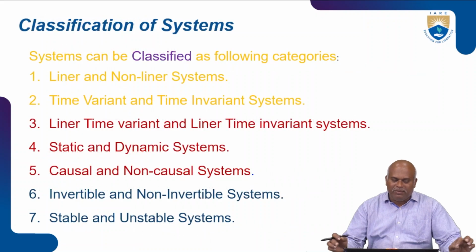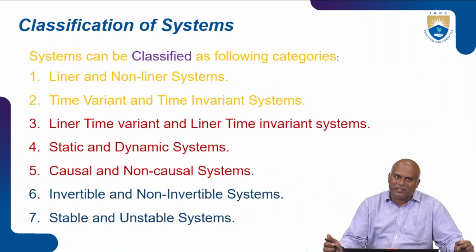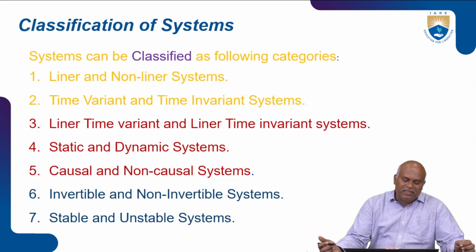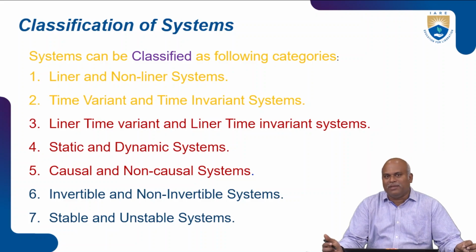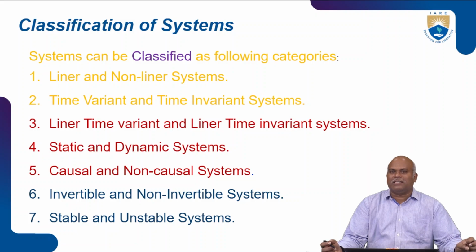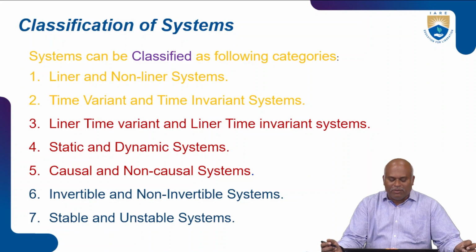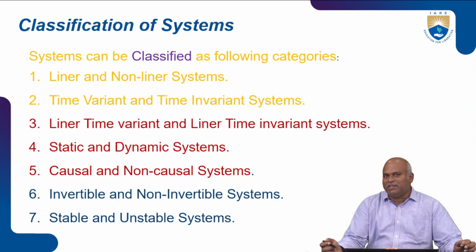At the same time, we studied the classification of systems: linear and non-linear systems, time variant and time invariant systems, linear time invariant as well as linear time variant systems, static and dynamic systems, causal and non-causal systems, invertible and non-invertible systems, and stable and unstable systems.